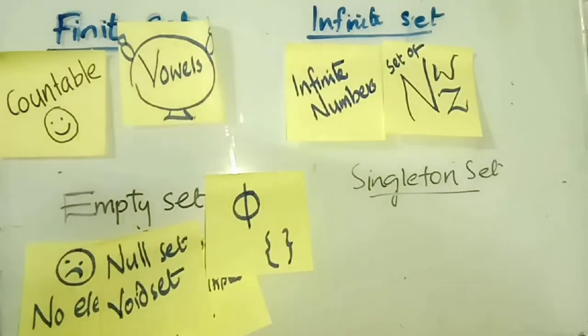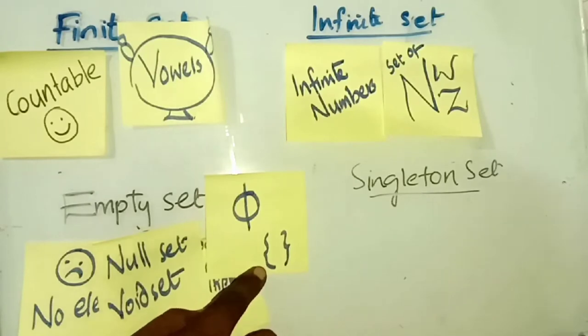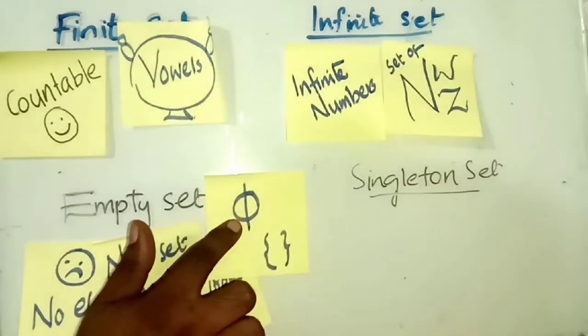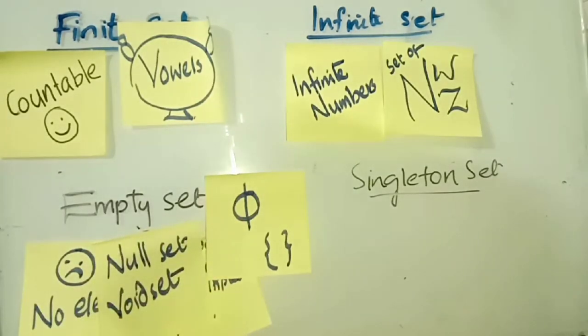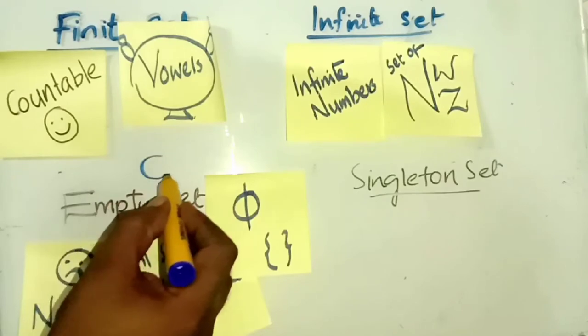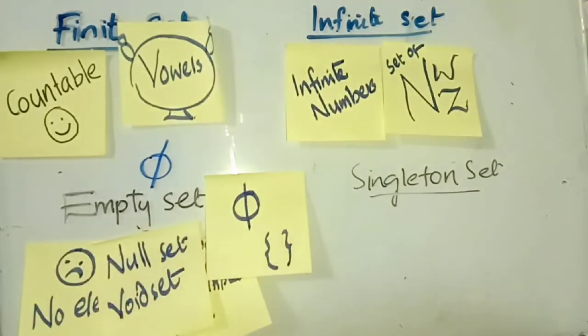It is a Scandinavian alphabet, which is phi. Pronounce it as phi. Even you can use this one also to denote an empty set or null set or void set. So the common notation of empty set is this one. It's nothing but just a circle and a cut.